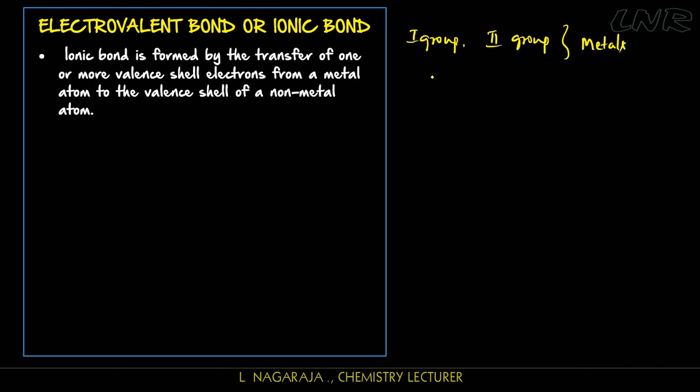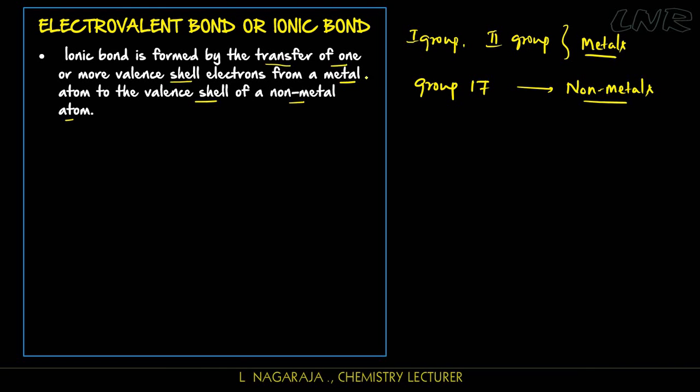I am taking only the halogen family, that is group 17 elements, which are generally non-metals. So the ionic bond is formed between metals and non-metals. That is, it is formed by the transfer of one or more valence shell electrons from a metal atom to the valence shell of a non-metal atom.